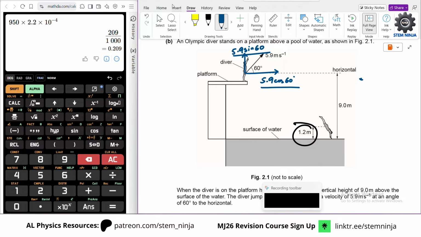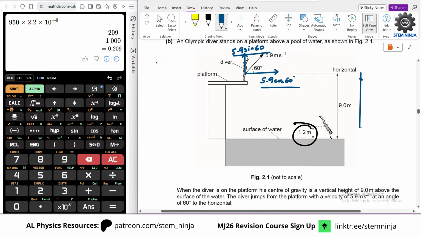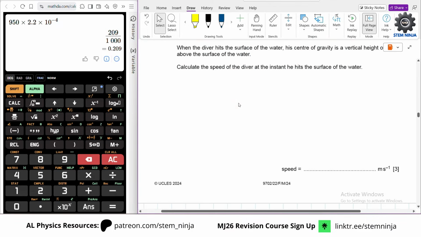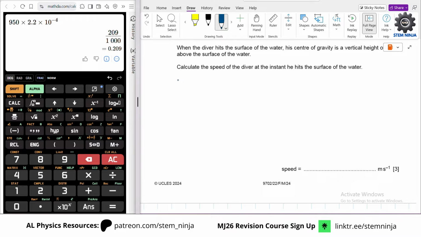What we basically need is the vertical displacement of his center of gravity. So 9 minus 1.2, 7.8 meters. And actually that would be negative 7.8. So we need to find the final vertical velocity.